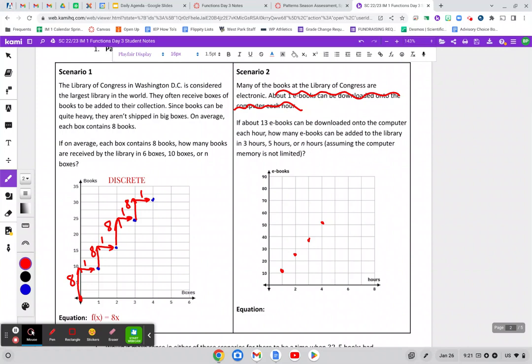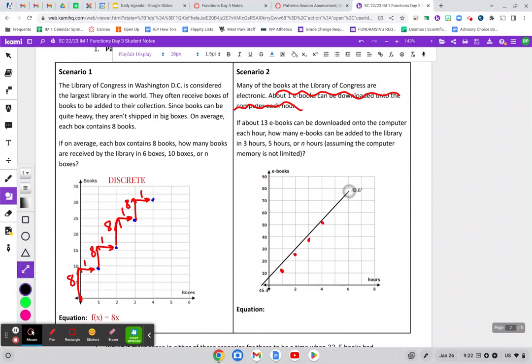Well, think about a loading bar, right? When something's downloading and it's taking forever, it's like the spinning wheel. When these books are being downloaded, you can actually have half of an ebook downloaded. You can have 1.25 of an ebook, 3.2, 3.5 of an ebook downloaded. So this right here is what's called a continuous function.